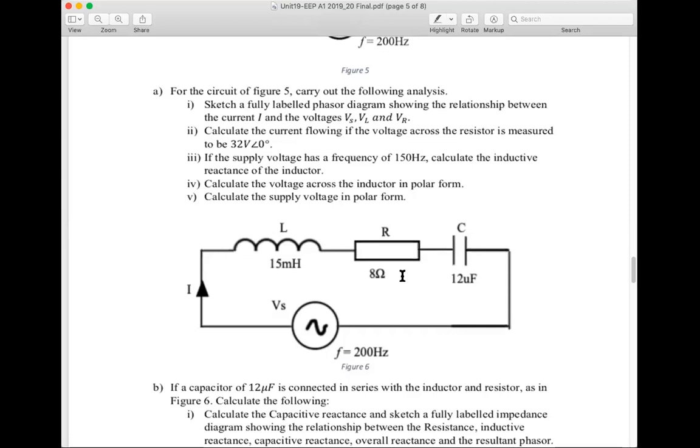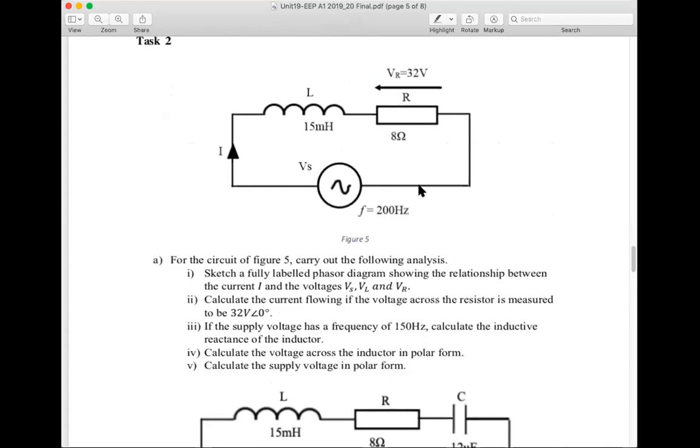What about the polar form part? Well, you've got a voltage across the resistor that is 32 volts at angle 0 degrees. You've been given that.